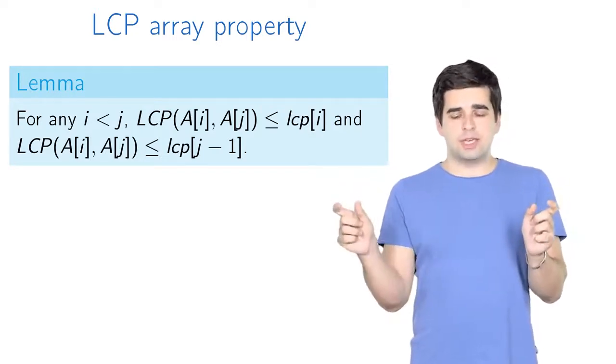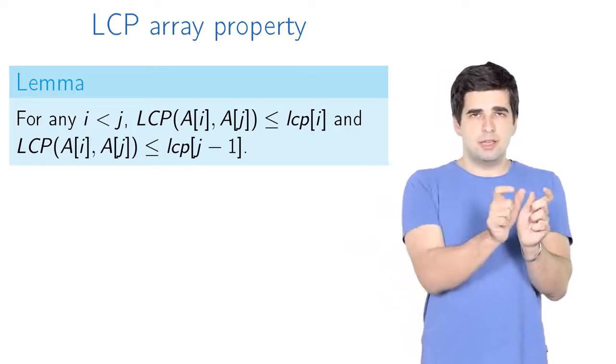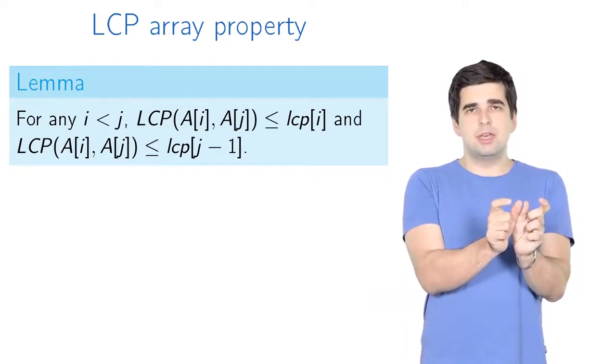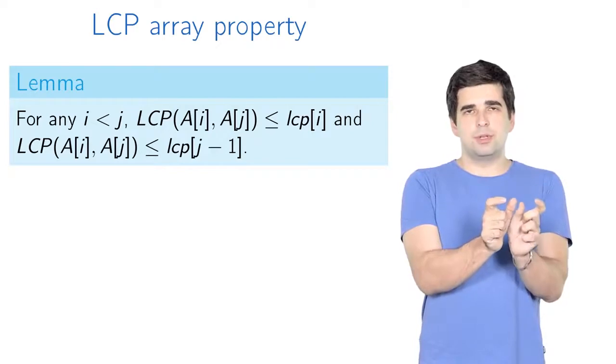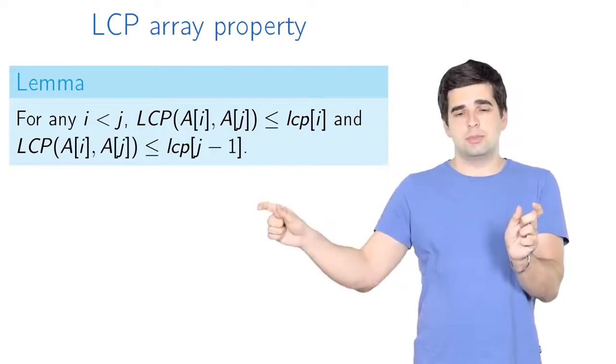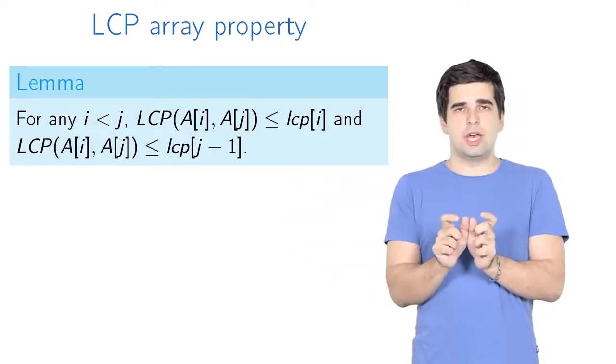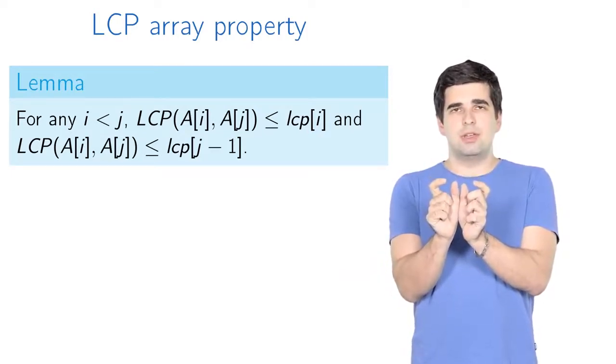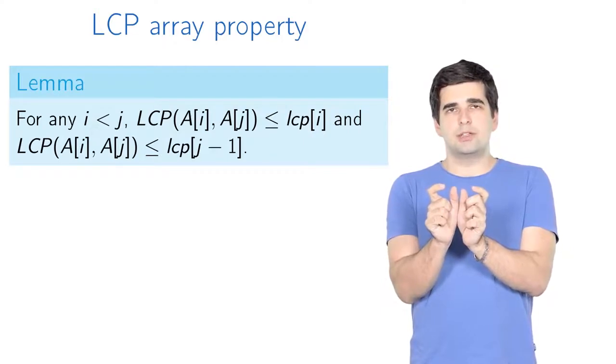So what I'm saying with this lemma is that the LCP of 2 neighboring elements is always at least as big as the LCP of the first one of them with any of the next elements. And the same goes the other way.